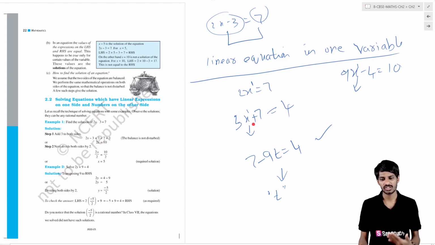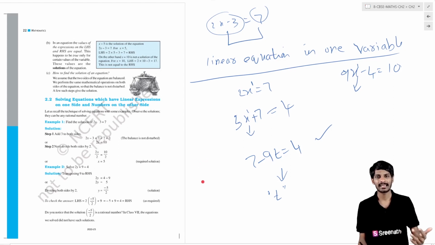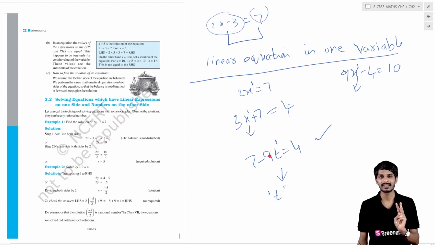The general convention is to represent a variable with x, but we can use x, y, z, t, p, whatever alphabet, it does not matter. Variable means its value is not known, is to be calculated, and might change. So here is one variable and its power is 1, so its degree is 1. One degree and one variable, so it is a linear equation.